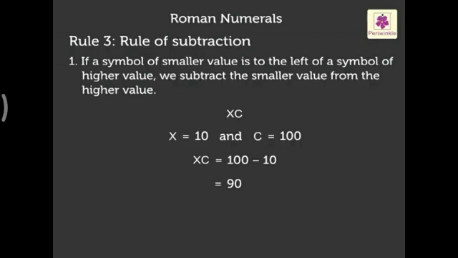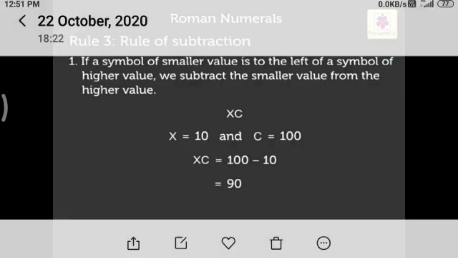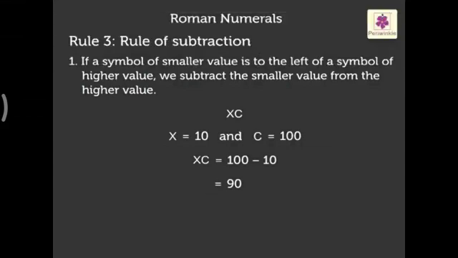In rule of addition, we add the smaller value after the higher value; here we subtract. It means XC: the value of X equals 10 and the value of C equals 100. XC equals 100 minus 10, which becomes 90. This is rule of subtraction.